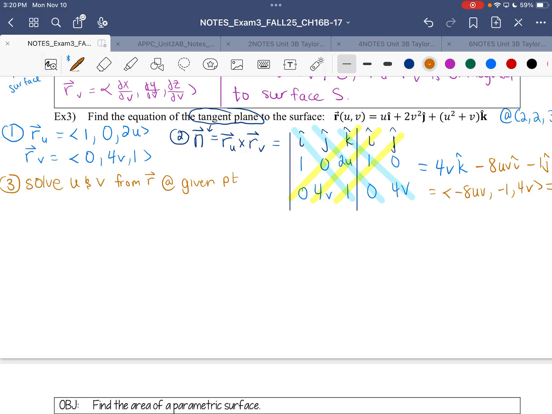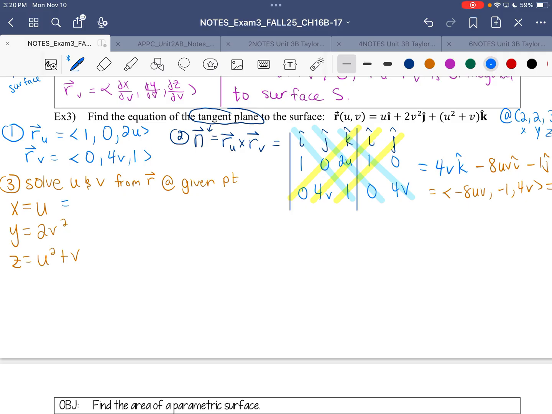all right, so we've got X is essentially equal to what from R? U. Y is equal to 2v squared, and Z is equal to U squared plus V. All right, and we're at the point 2, 2, 3. So 2 is the X value, 2 is the Y value, and 3 is the Z value.